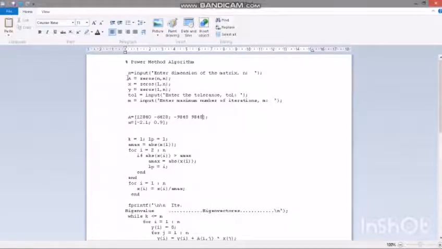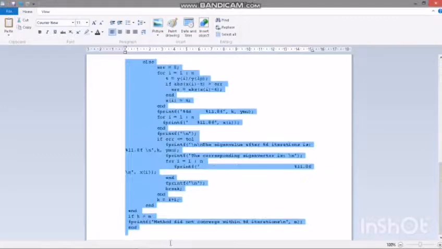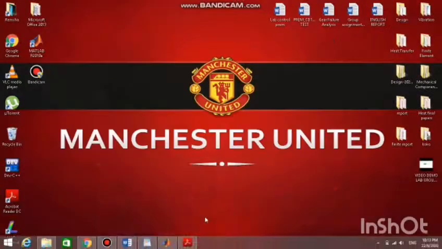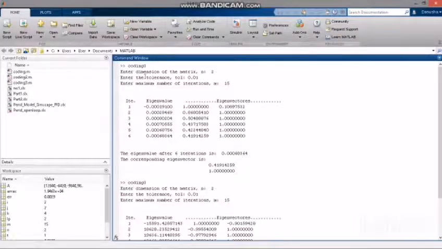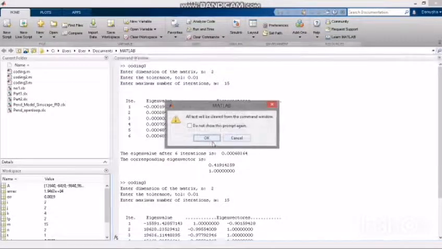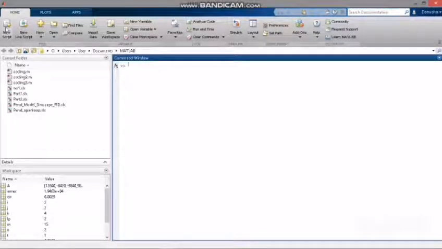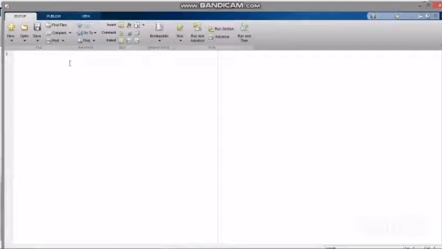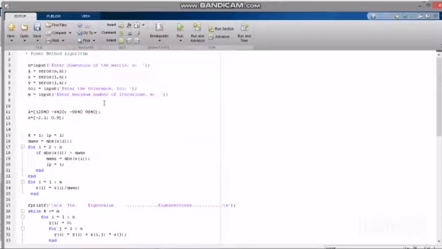Alright, now you have to copy this whole code, run your MATLAB, choose new script and paste it here, and now your code is ready to run.